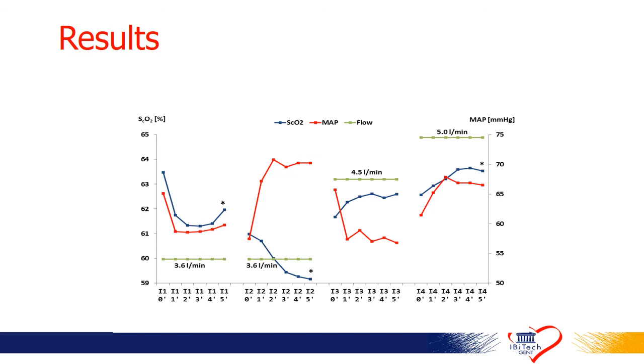And what we normally would do when you would see that clinically, you would actually give some vasopressor. And this is done here with phenylephrine, and you can see there is an immediate increase in pressure to normal values, but there is even a further decrease in oxygenation of the tissue.